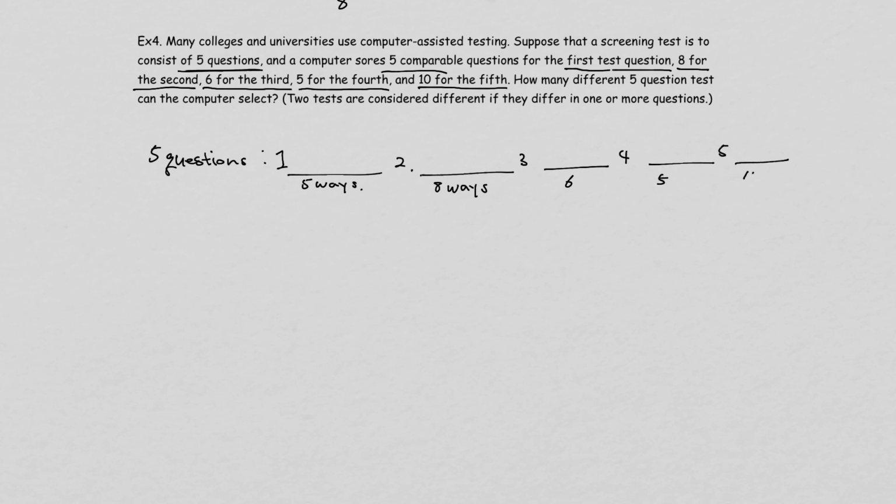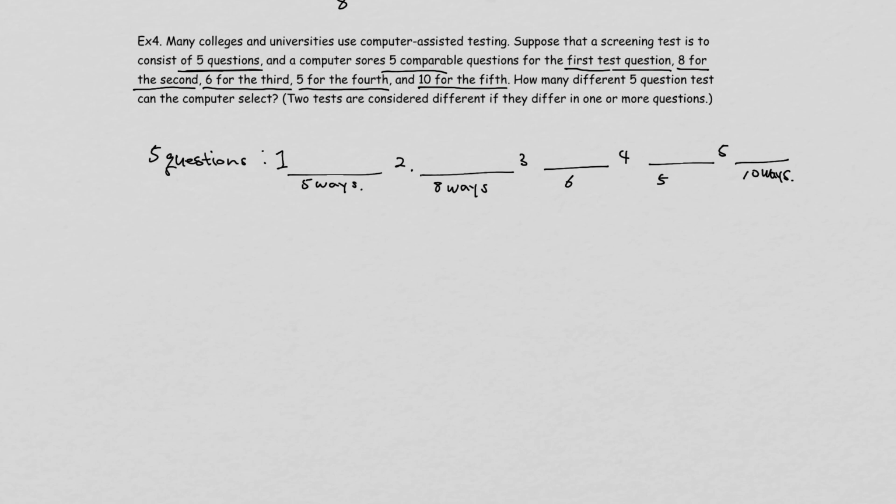So the way that I will think about this problem is you have 5 questions. For the first question, you have 5 ways. Second, you have 8. Third, 6. Fourth, 5. And fifth, 10. And this is by order, right? Because when students are solving the problems, they will do it in order.